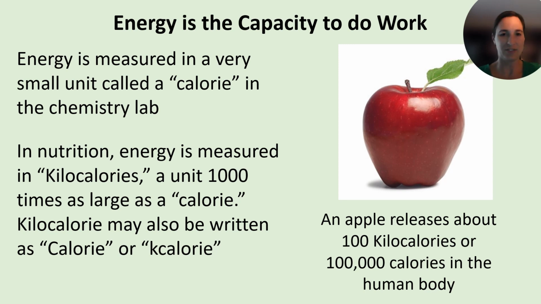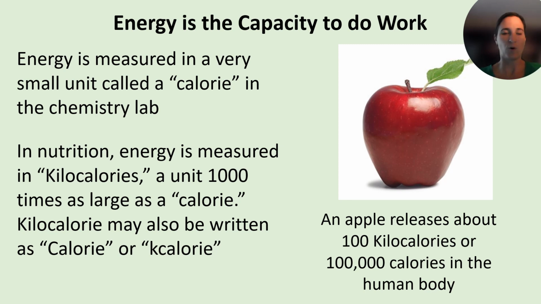And you can see on the slide, I have calorie in quotation marks. So notice that this calorie has a small c. So in nutrition, energy is actually measured in kilocalories, which is 1,000 times larger than a calorie. So a kilocalorie can also be written as a calorie with a capital C or a K-calorie.